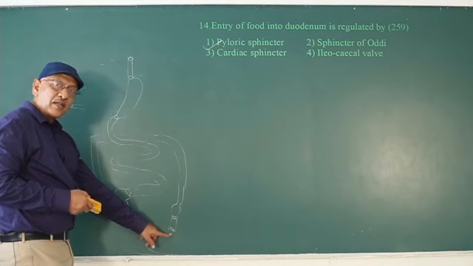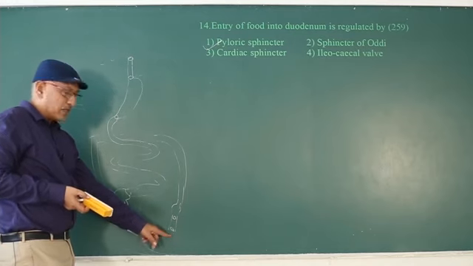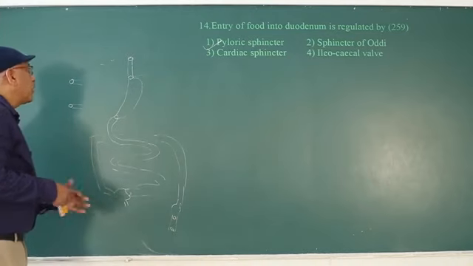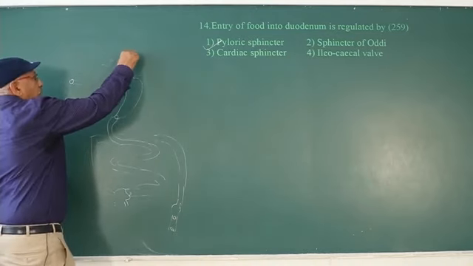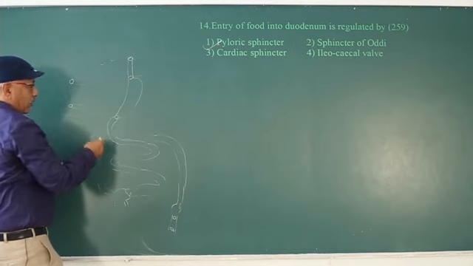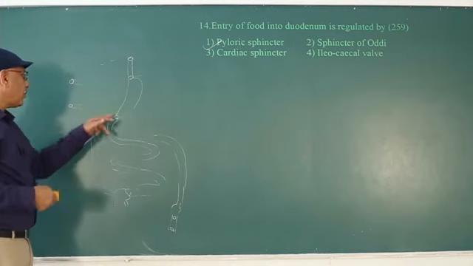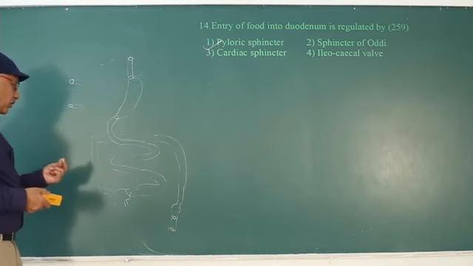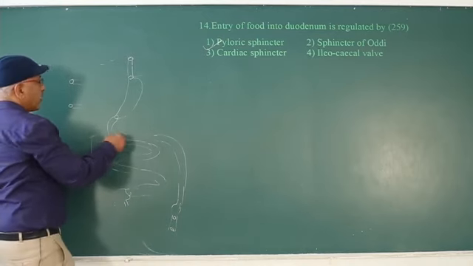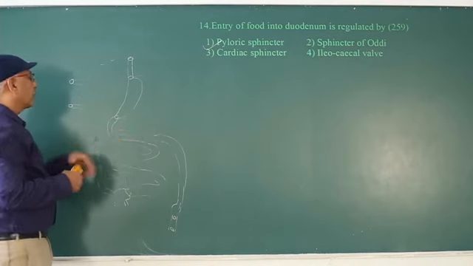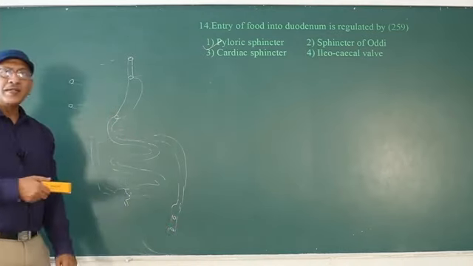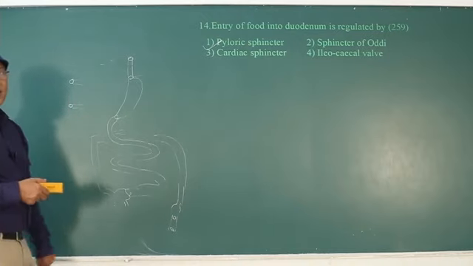The external anal sphincter is made up of striated muscles, so it is under voluntary control. So the sphincters are: upper esophageal 1, lower esophageal 2, pyloric 3, ileocecal 4, sphincter of Oddi 5, internal anal 6, external anal 7. Seven sphincters and one valve are present in the alimentary canal.